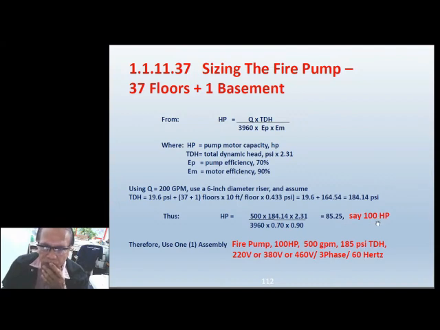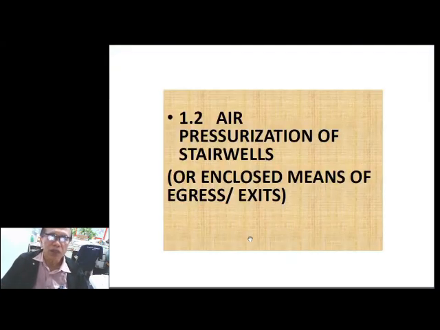So, the next standard horsepower rating is 100. So, the fire pump would be 100 horsepower, 500 GPM, 185 PSI total dynamic head, 220 volts or 380 or 460, 3 phase, 60 Hz. So, that is the shortcut of specifying fire pumps while the mechanical designer and fire protection designer have no design yet.